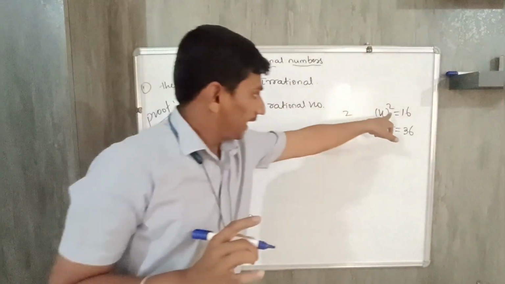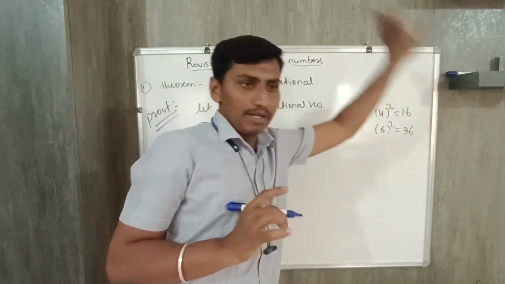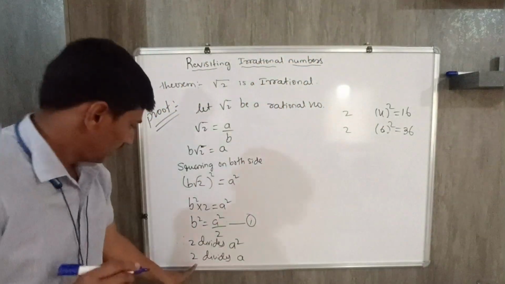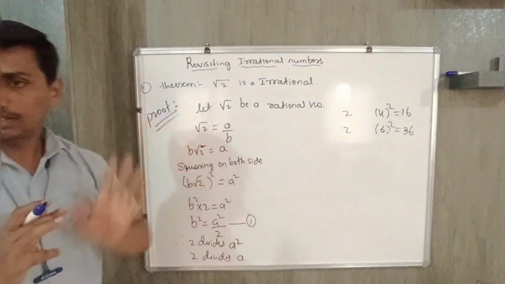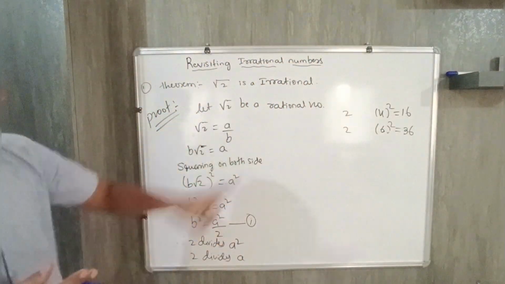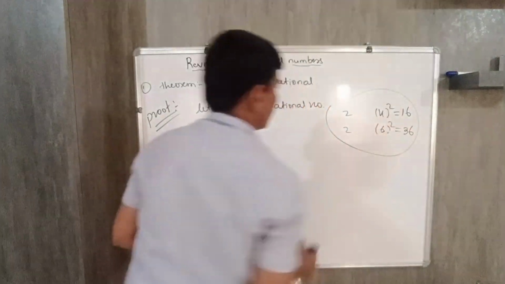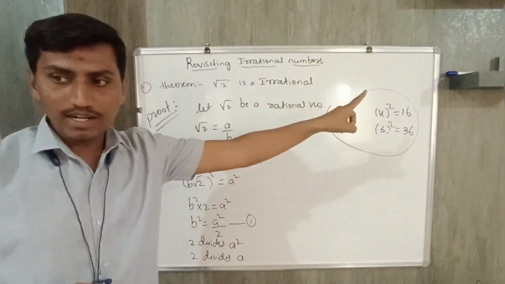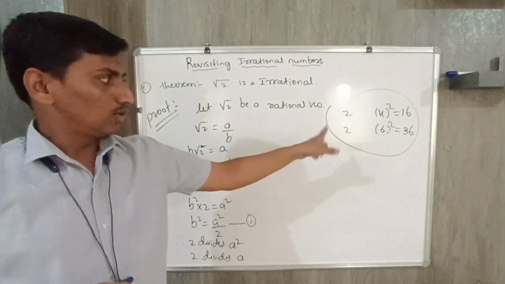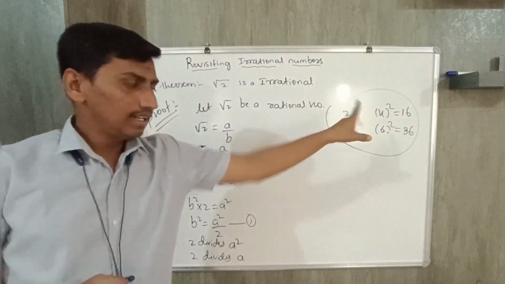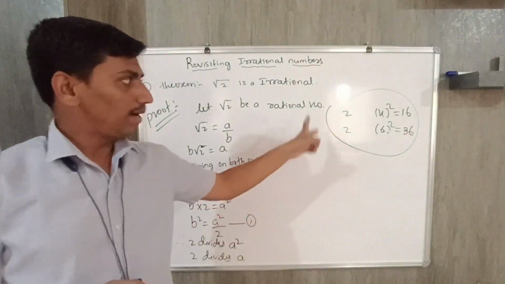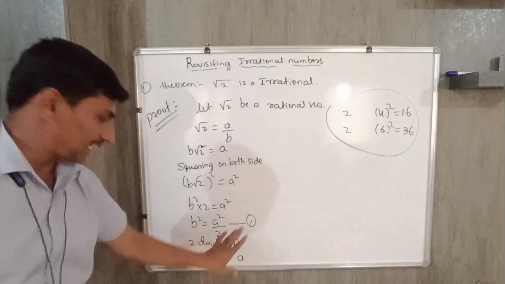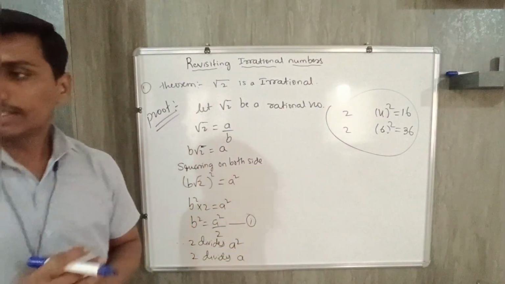Like this type: 2 divides 4 square and 16, 2 divides 6 square and 36. So that's why 2 divides a square, 2 divides a.